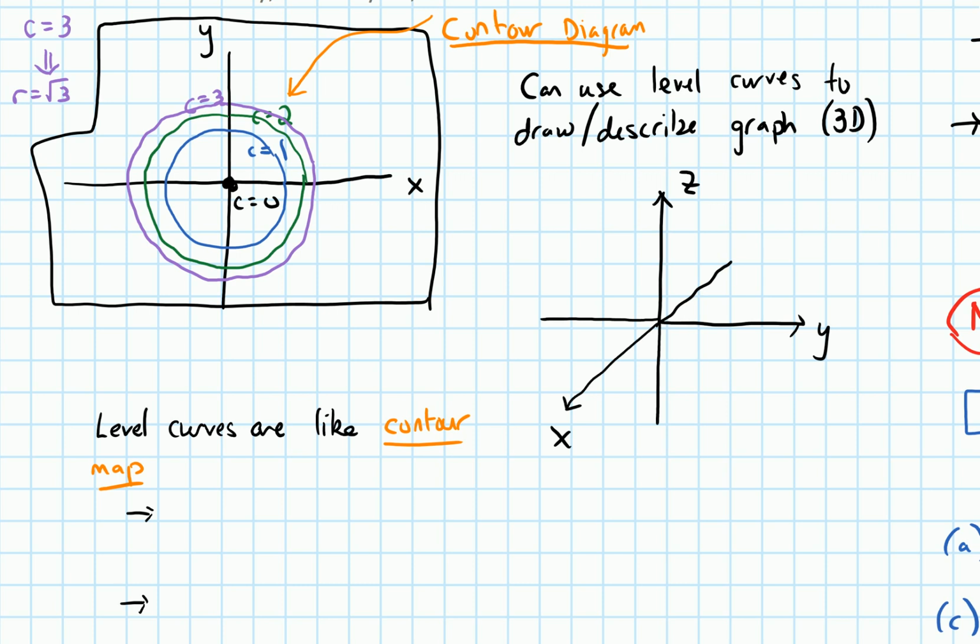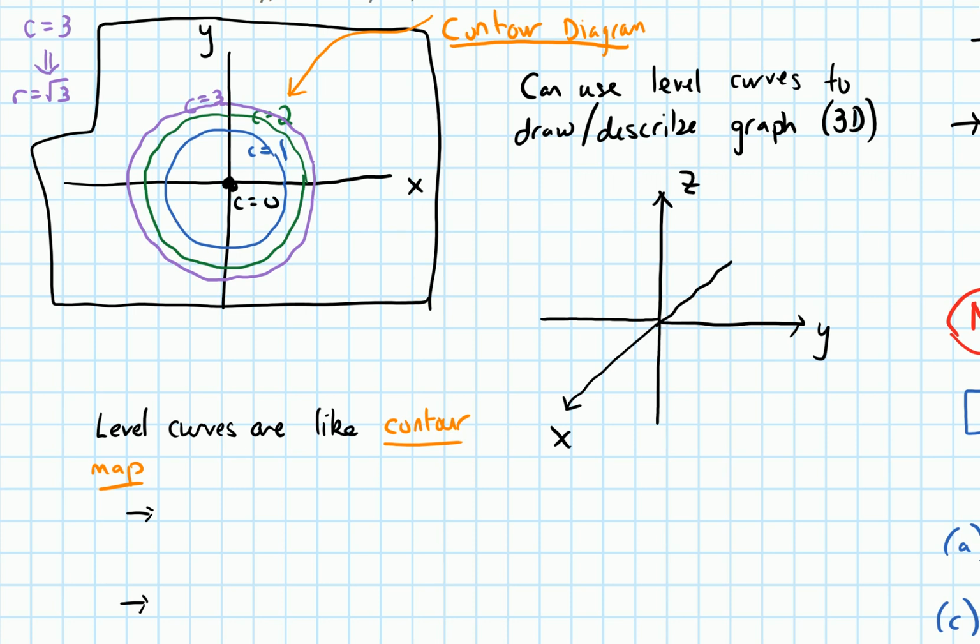So the way I read my level curves is, for example, with c equals 1, every single point on this curve where c equals 1 makes the output of my function be 1. So in other words, the z-coordinate, because that's what we call the output of a function of two variables, is going to be 1 for every single point on this blue circle.